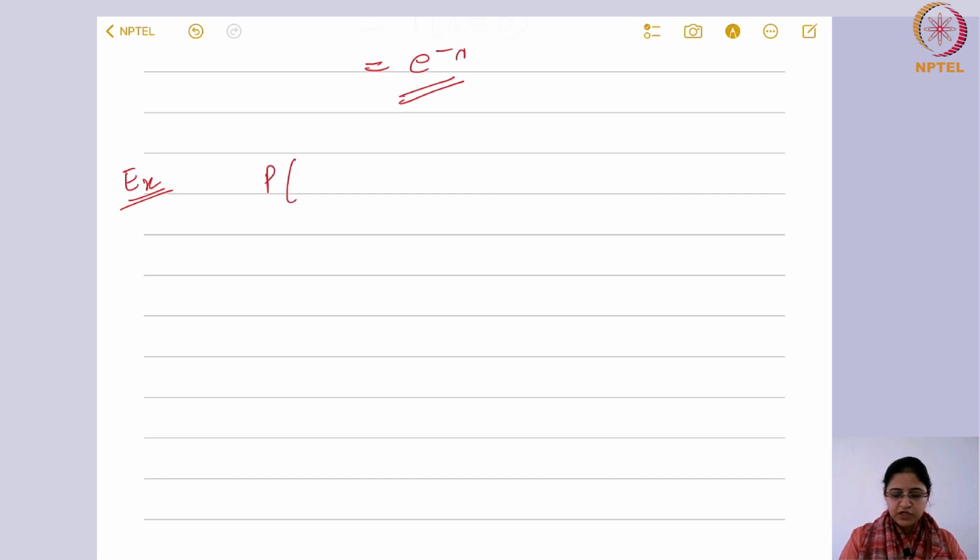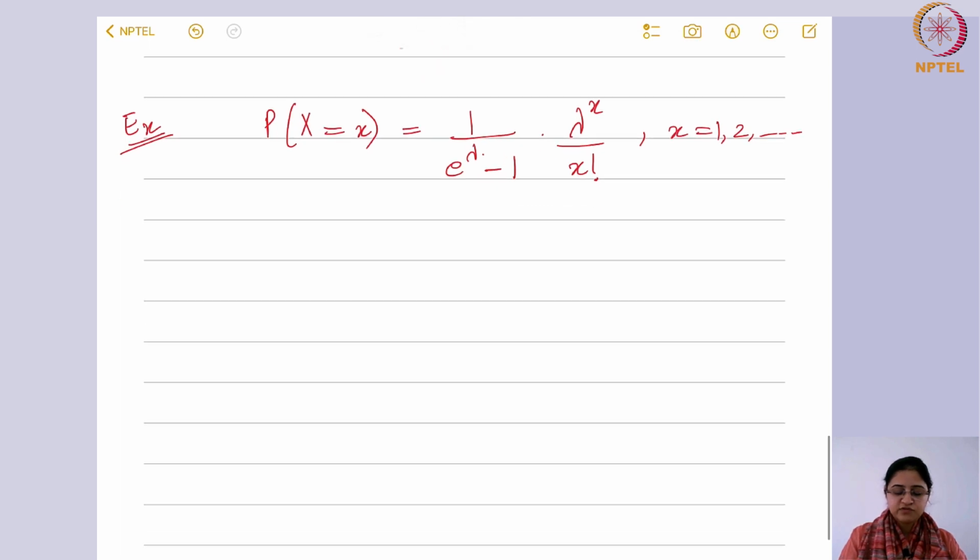We are given a truncated Poisson with PMF: probability that X is equal to x is 1 over e raised to power lambda minus 1 into lambda power x over x factorial, where x takes value 1, 2 and so on. Now we have to find an unbiased estimator for lambda, and for that, let us start from expectation of t of x.